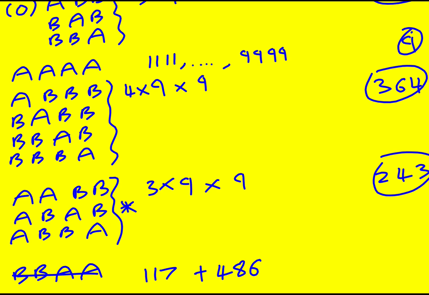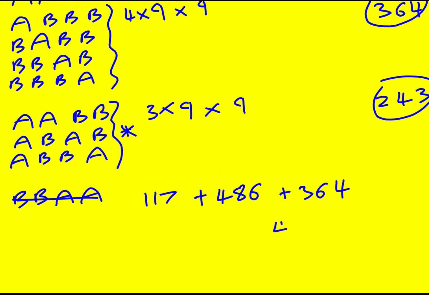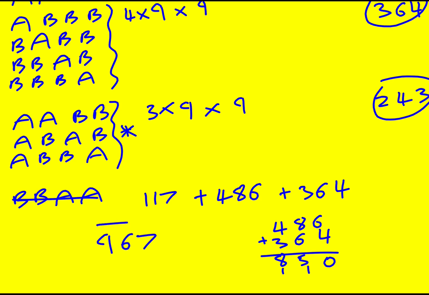And then I've got my 364. Okay, well, I might add the latter two together. I could add them all together in one go, but this one seems much easier to add. So I'm going to get 850. And then if I add that to 117, I can do that in my head. It's going to be 967.